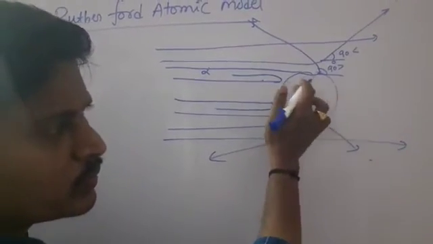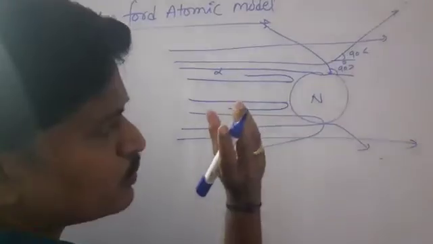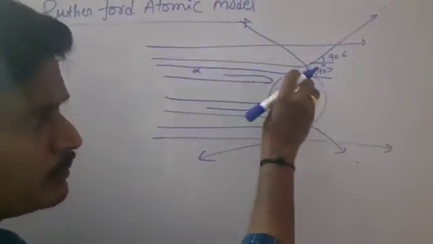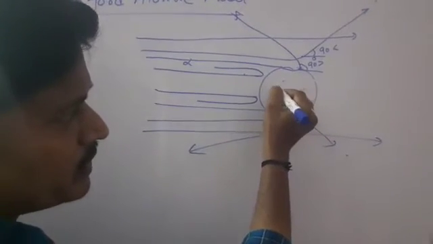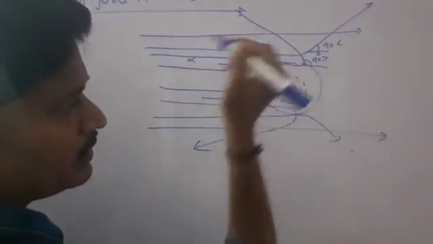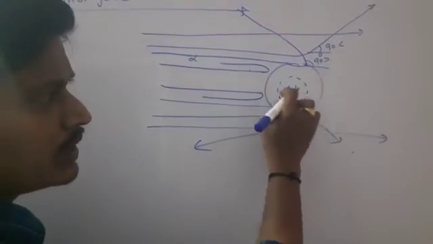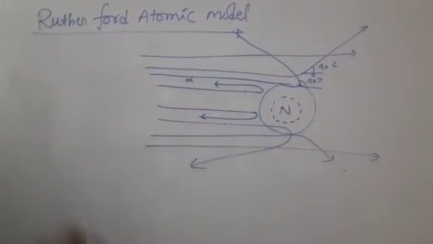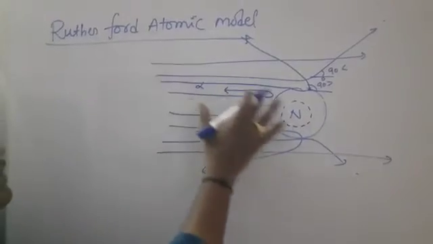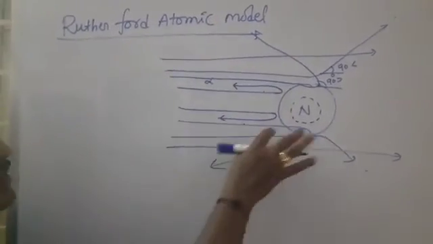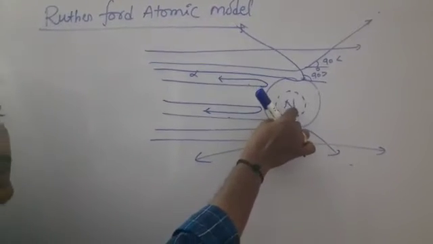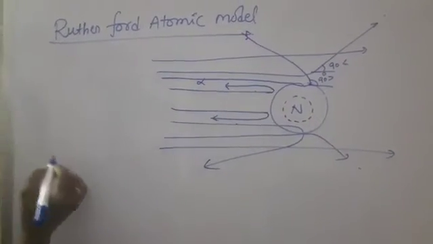Then we can conclude that a small portion is located in the central part. The positive charge is located at this part, and the remaining part of the atom is completely hollow. So this is the Rutherford atomic model. By this experiment he calculated the size of the nucleus.